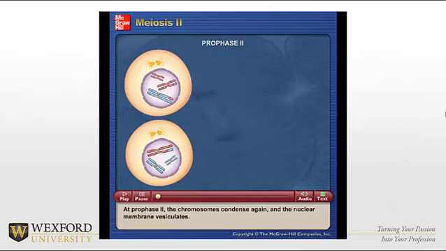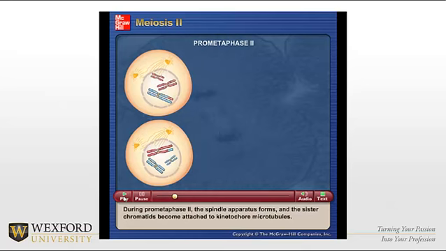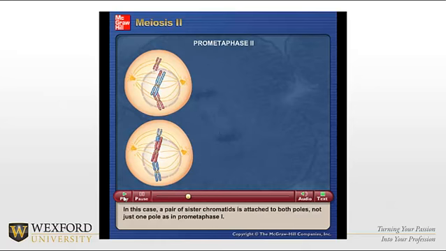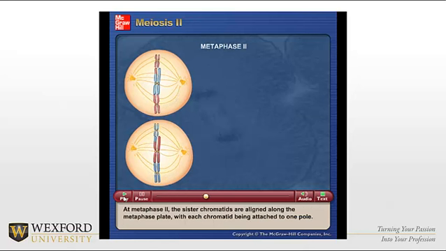So now, once again, a little animation on prophase 2. At prophase 2, the chromosomes condense again and the nuclear membrane vesiculates. During prometaphase II, the spindle apparatus forms, and the sister chromatids become attached to kinetochore microtubules. In this case, a pair of sister chromatids is attached to both poles, not just one pole as in prometaphase I. At metaphase II, the sister chromatids are aligned along the metaphase plate, with each chromatid being attached to one pole.